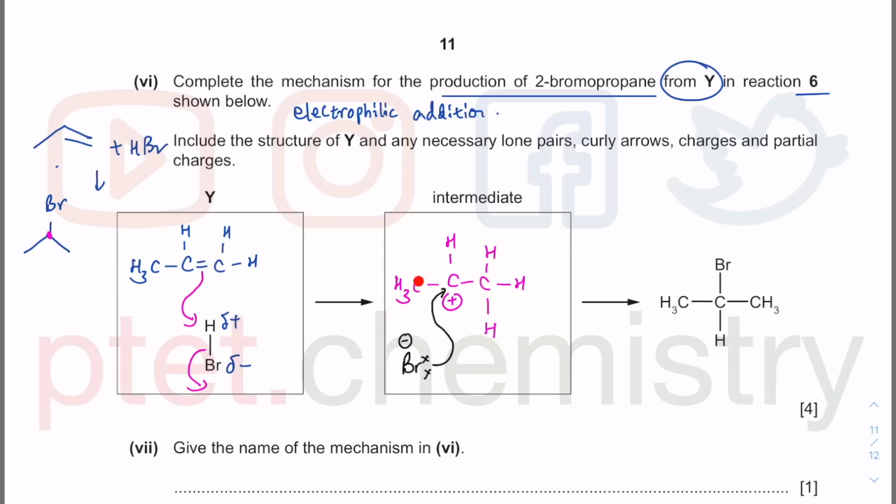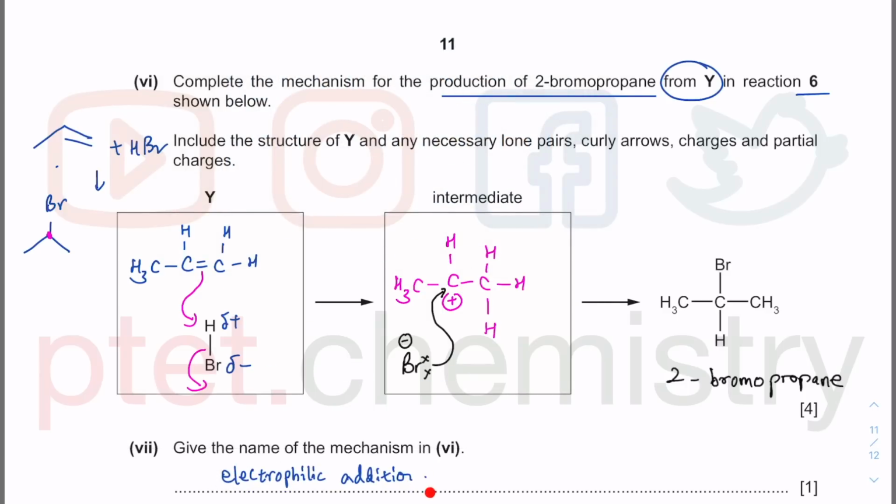It is carbon position number 2 with the positive charge that the lone pair attacks and gives you this 2-bromopropane. Alright, now give the name of the mechanism. I already talked about electrophilic addition earlier.